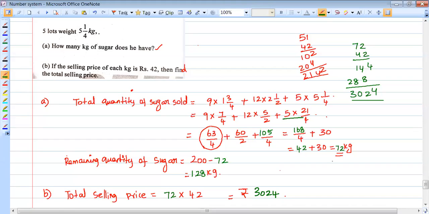Good. One student asked me to show question number 9. Sir, I first itself got the answer as 3024. Very good, Akshay. Sir, 13th and 14th question.